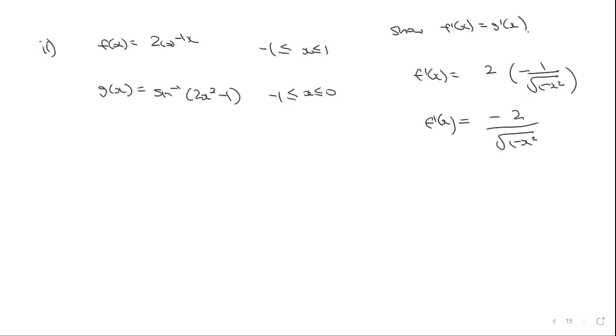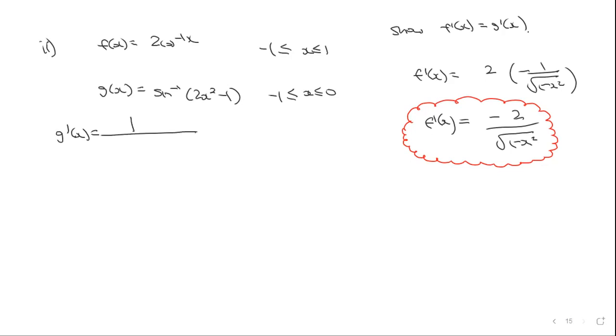Now we need to show g'(x) is the same. So g'(x), you're firstly going to derive inverse sine, which is 1 over the square root of 1 minus bracket squared times the derivative of the bracket. This is just the chain rule. Now, the derivative of 2x squared minus 1 is just going to be 4x.